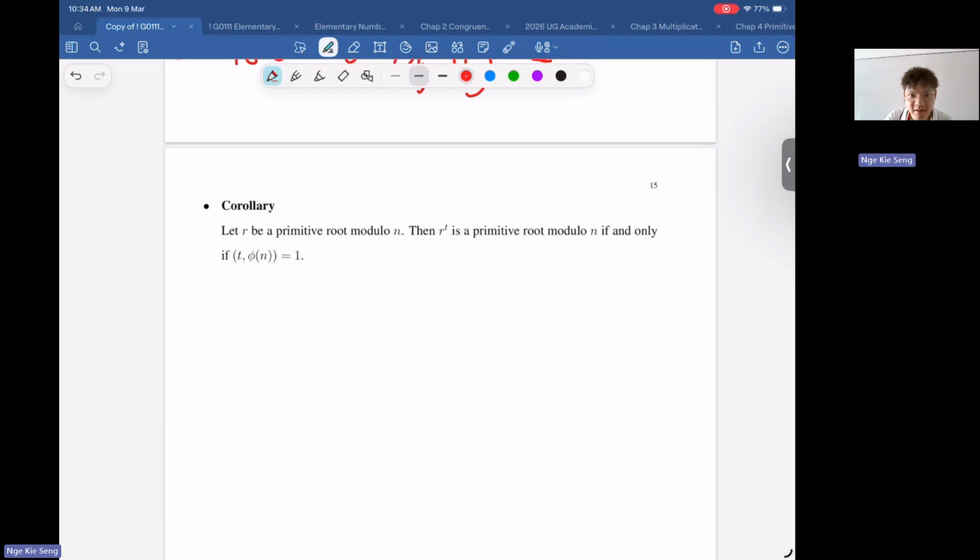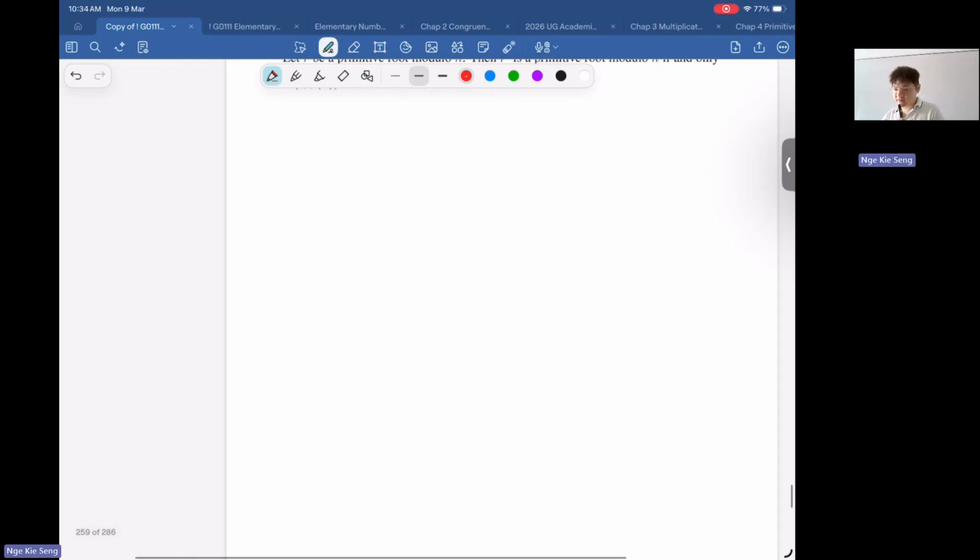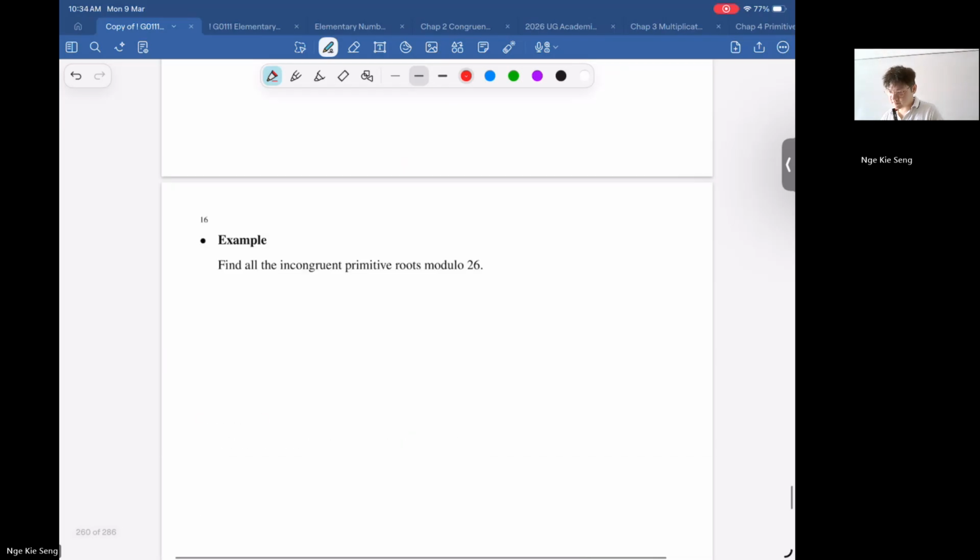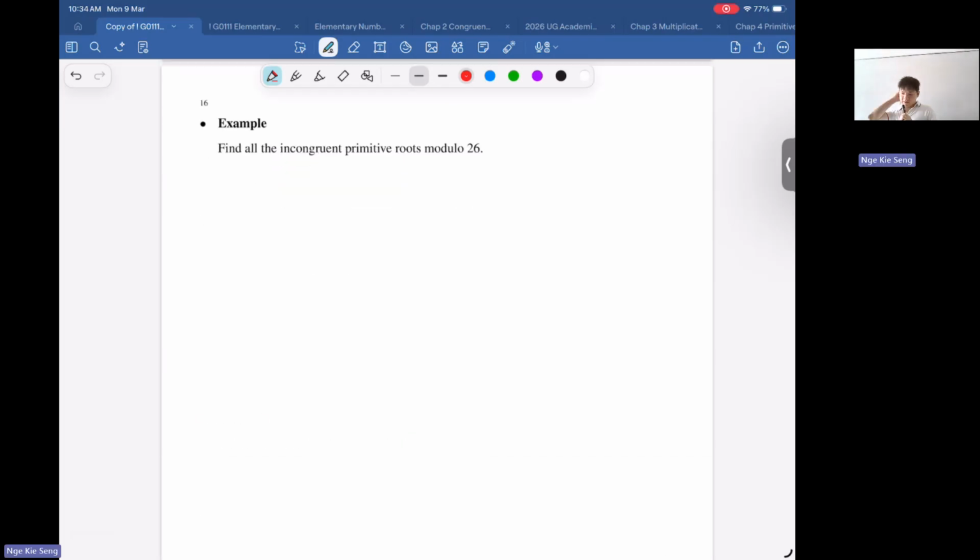So which one should we do first? How about we do this one first? Find all the incongruent primitive roots mod 26.